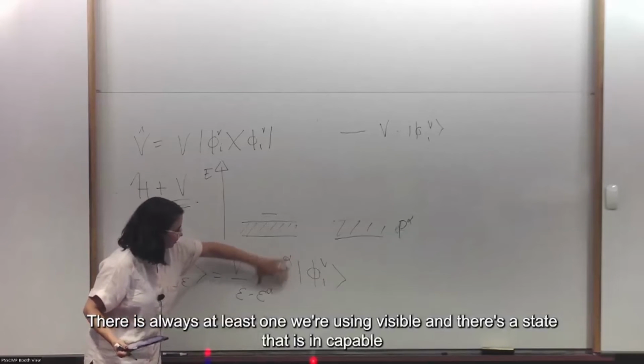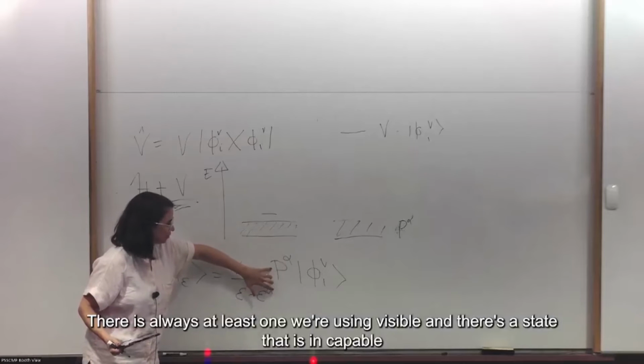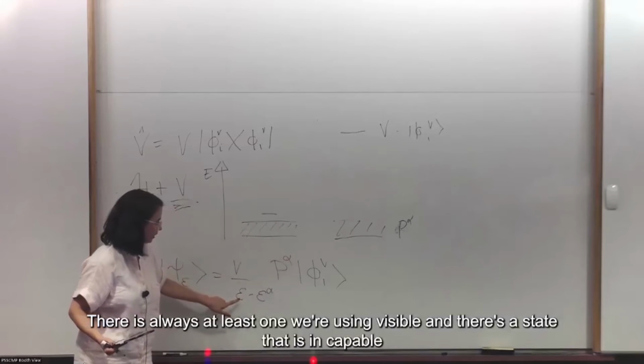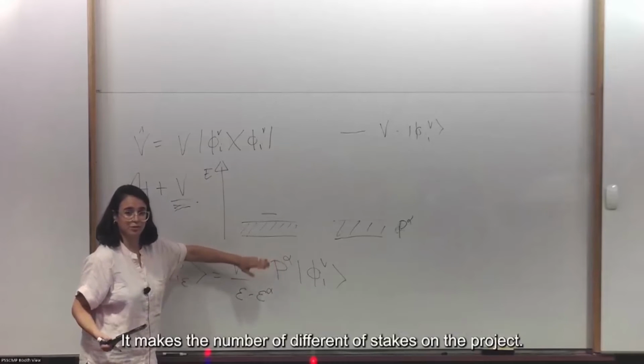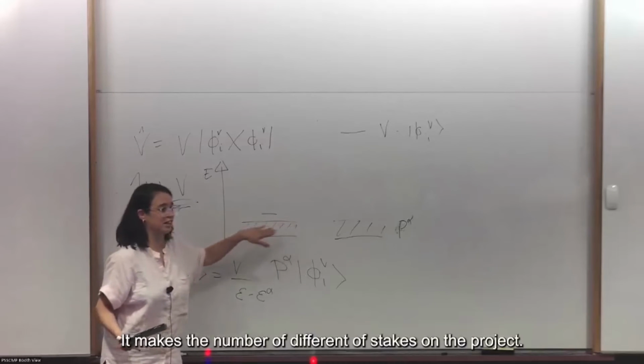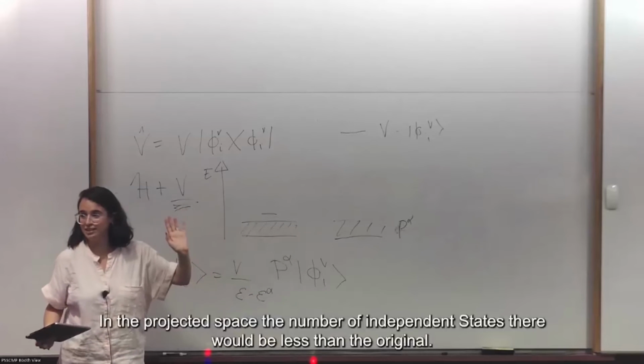What I'm basically hiding here, by writing it in terms of the projector and E over E alpha, is just the local Green's function. But if we assume this to be a flat band, all of the energies are basically the same.